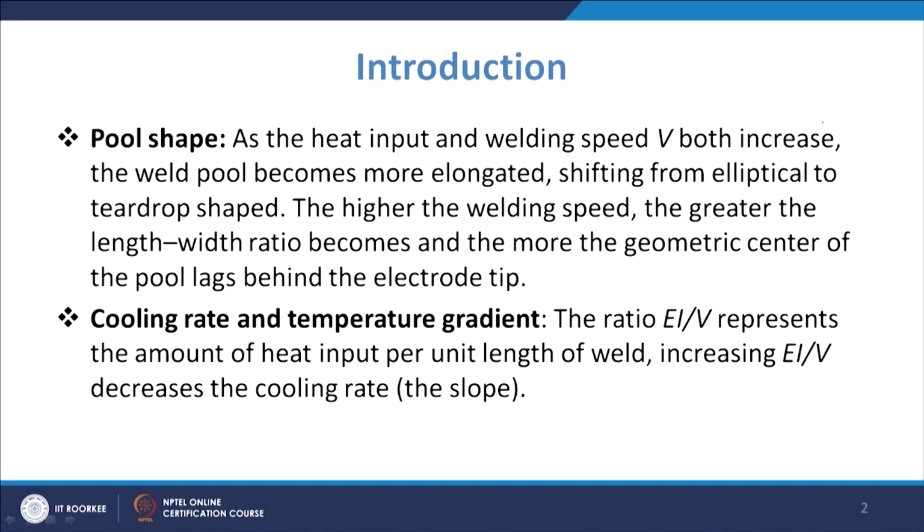Again, that temperature gradient and cooling rate can be seen from one curve, and from there we see, for different EI1V values, how the cooling rate can be found and then its effect can further be predicted, which we will see later. Then we talked about the power density distribution.